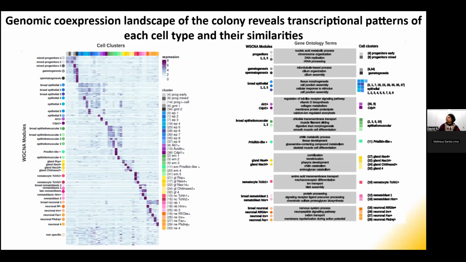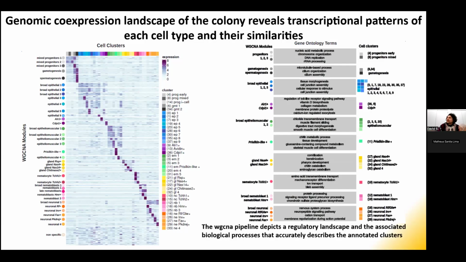So it helped us to characterize the gene ontology terms of each gene module and each cell cluster. And here it helps us depict a regulatory landscape already of the whole colony and all the associated biological processes in the annotated clusters.